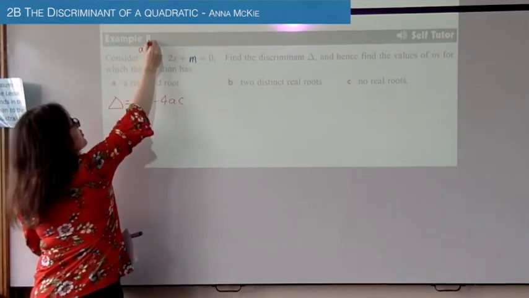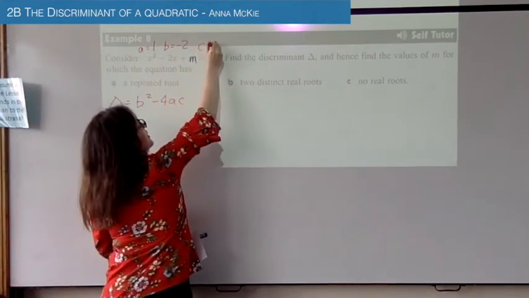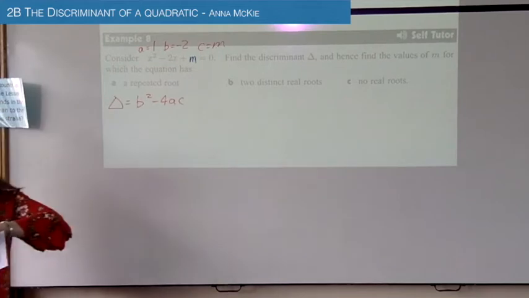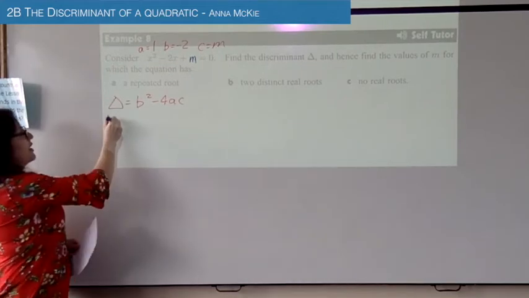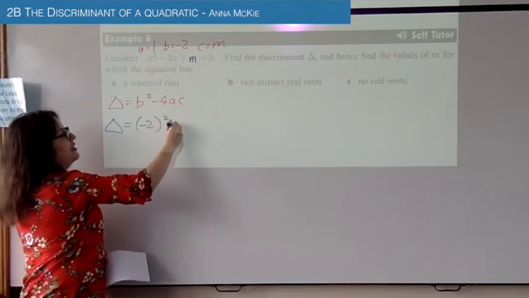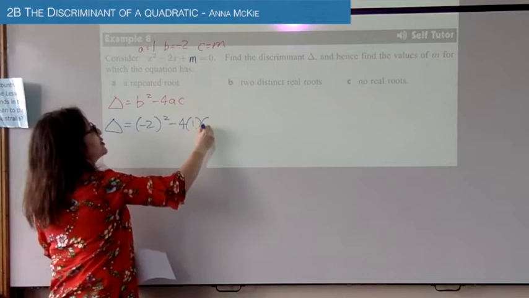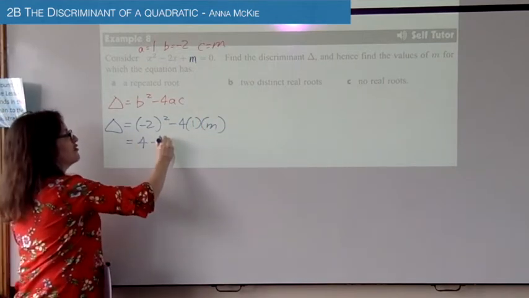A, the coefficient of x squared, is 1, b is -2, and c is m. Don't be put off by that. Slightly different. Let's work this out. The discriminant is equal to b squared, that's -2 squared, take 4ac, where c is m, and that's 4, take 4m.